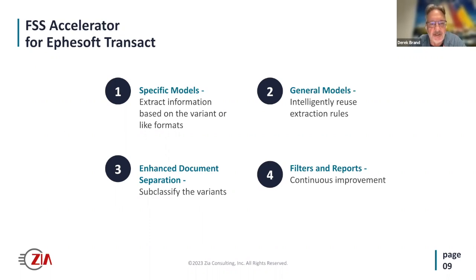So they'll change it. It will go through Ephesoft as normal. The user interface in Transact is entirely as it is today. But we'll record the fact that that particular document was classified using a general template or was unknown. And then we can fix it up in Accelerator post-event.